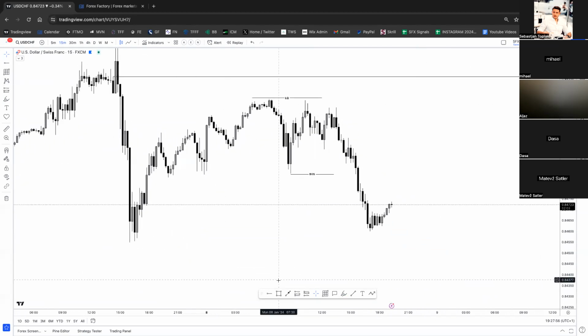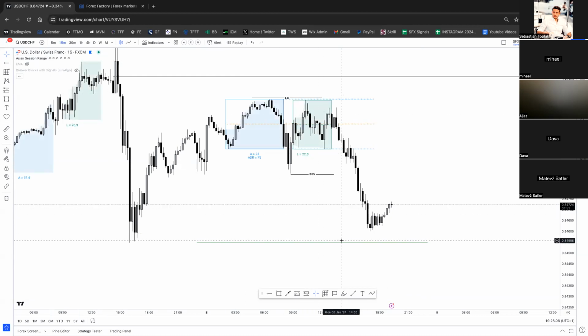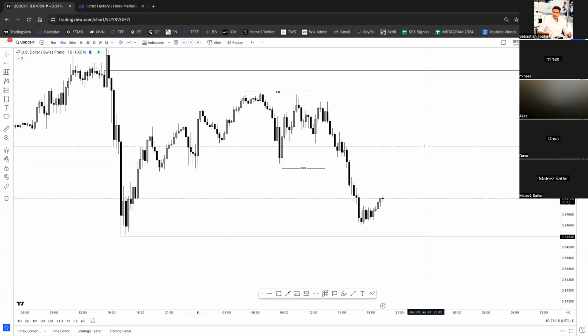Okay, now we have this at the bottom, we have this support region, as you can see. We can expect price pushing lower just to take out the lows and take out the previous daily low. This is the previous daily low. Okay, so I'm going to mark that up. Okay, like that.